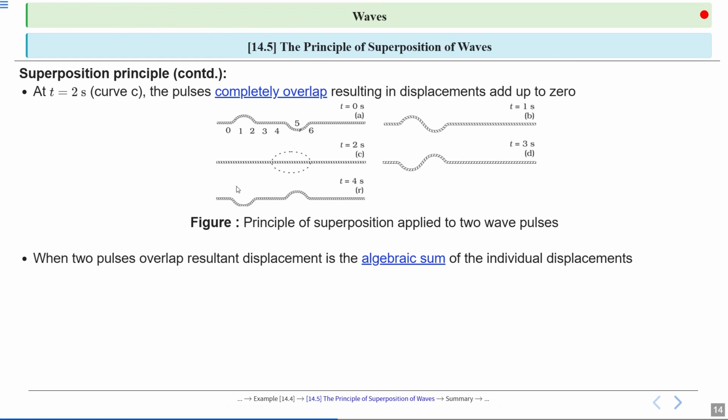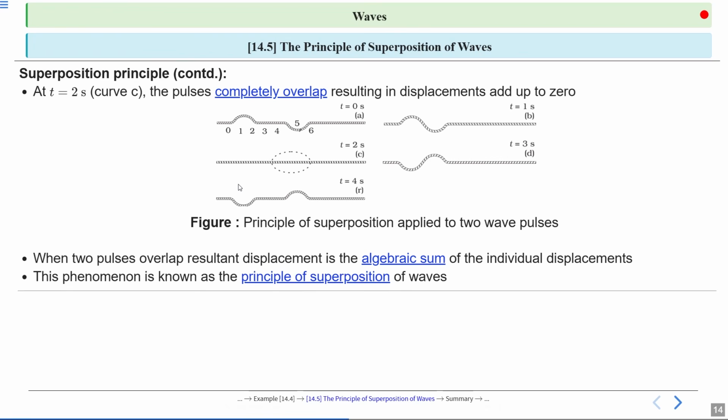This rule applies to all types of waves, whether they are on a string, in the water, or even sound waves. This effect is called the principle of superposition of waves. It's a fundamental idea in physics that helps us predict how waves interact. Remember, superposition explains both constructive interference, where waves add up, and destructive interference, where they cancel each other.